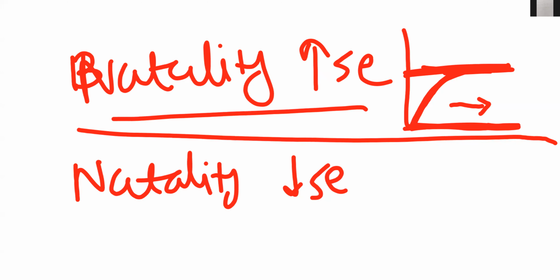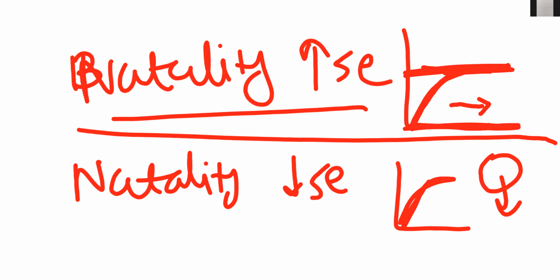Next is K selection, where the natality is low, the birth rate is low. The things needed for the growth of that organism are optimum, because few organisms are there, so less competition for food and space. So more members can easily reach the carrying capacity.